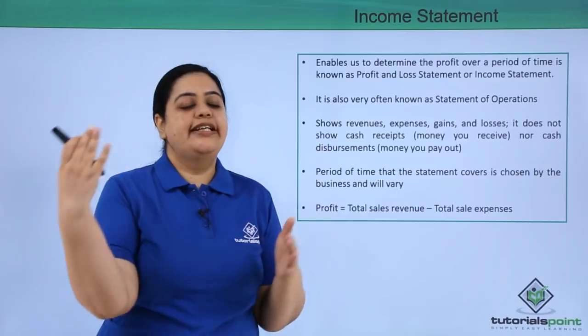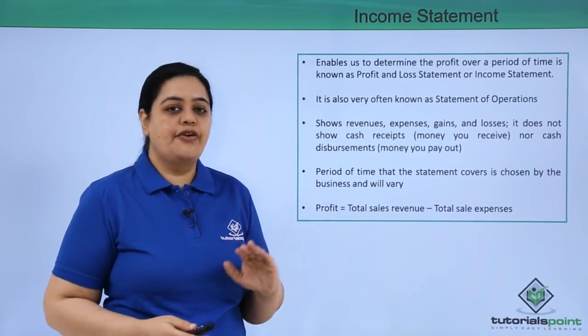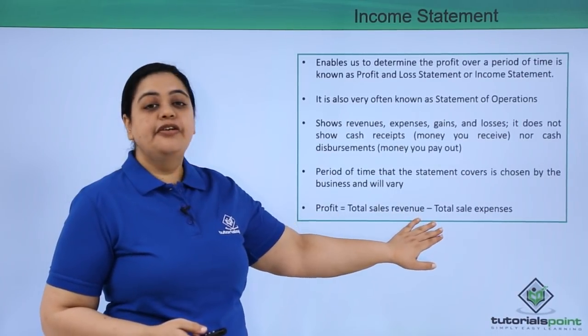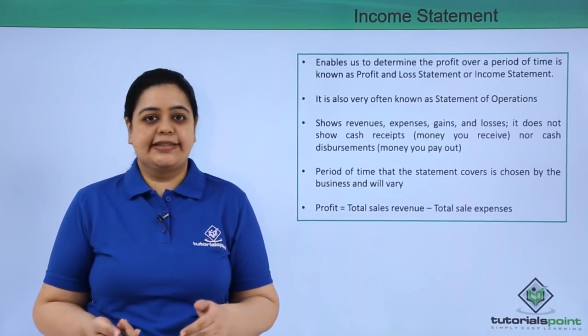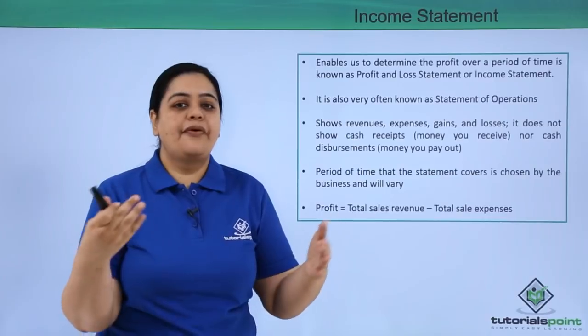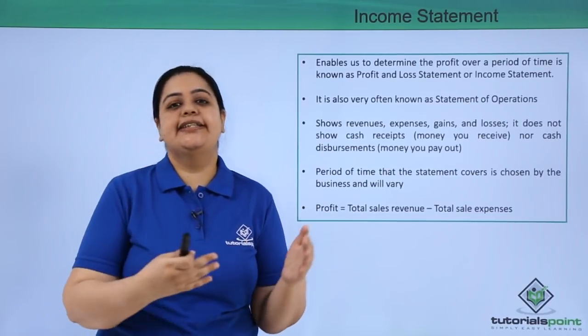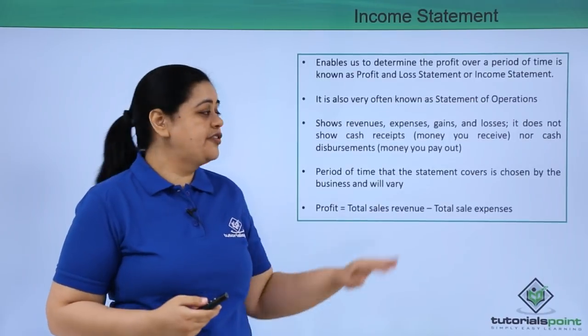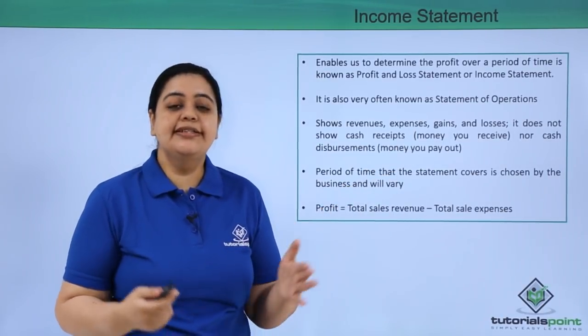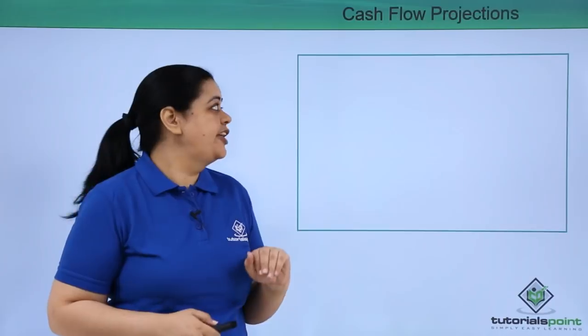At the end, I will derive whether the business is into profit or loss. Profit is nothing but your total sales revenue minus your total sales expenses. We have prepared all these income statements in detail in the accounting chapter, accounts for sole proprietor. So we will understand how to prepare this in detail under that video.